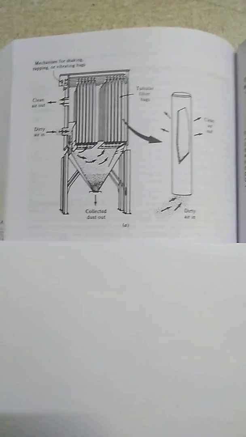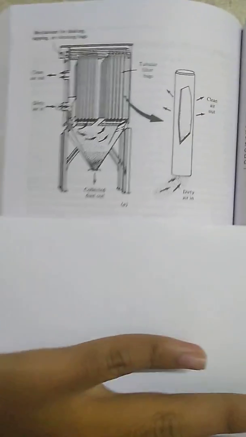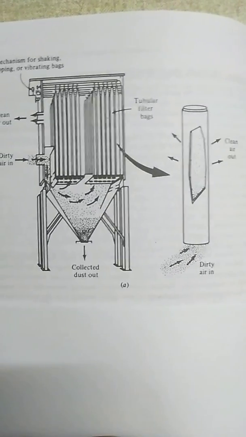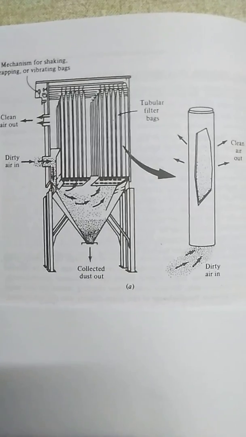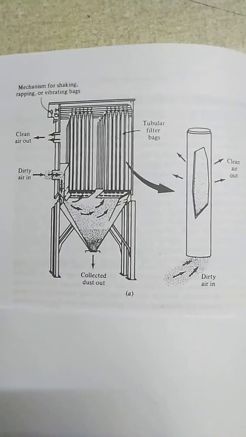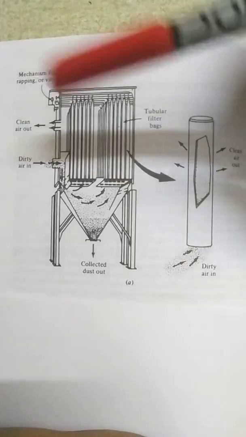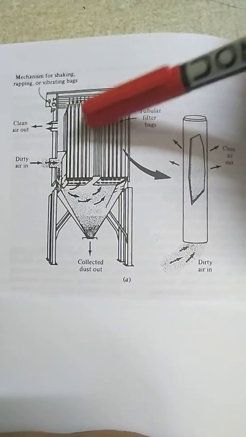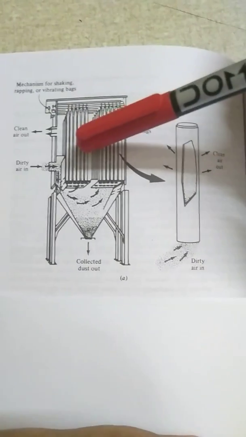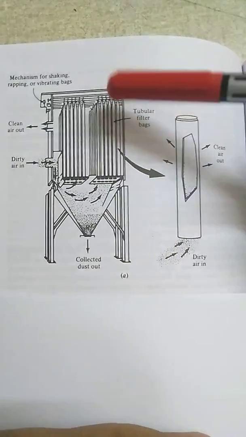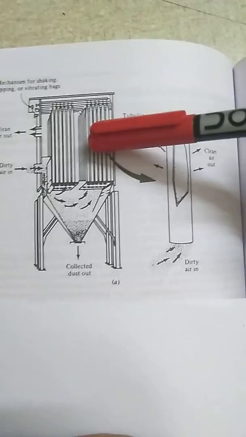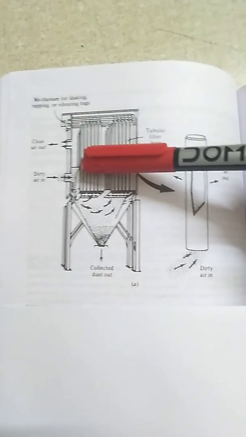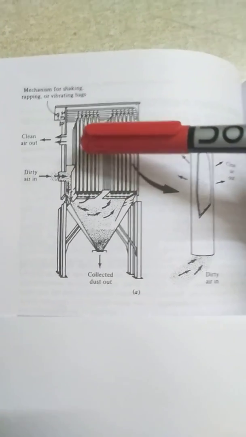Now we'll discuss the operational problems that we are going to face in fabric filters. Since suspended particles are there in this gas, frequent clogging of these fabrics will occur, so we need repeated cleaning of these filters. Next, since we are going to have vibrating or shaking, these fabric filters may tear.